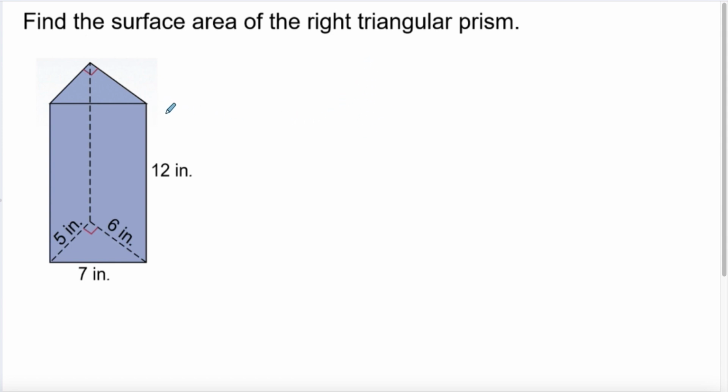So for example, if you are given a triangular prism here, this is a right triangular prism because the triangles on the bases are right angles, right? So these triangles are not regular triangles. They are not equilateral, but still we can find the bases, right? So the base area is one right triangle in which I see one side is 5 inches, the other side is 6 inches, and the hypotenuse is 7 inches.